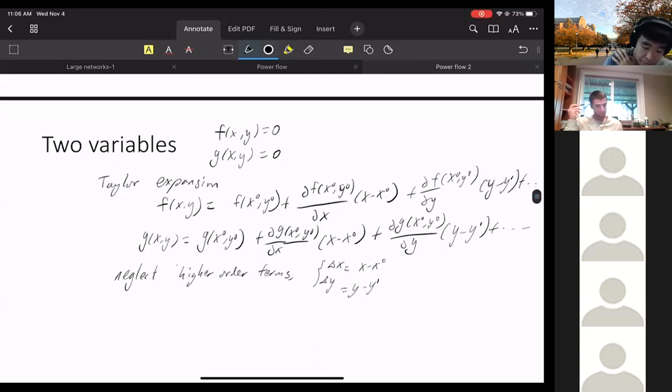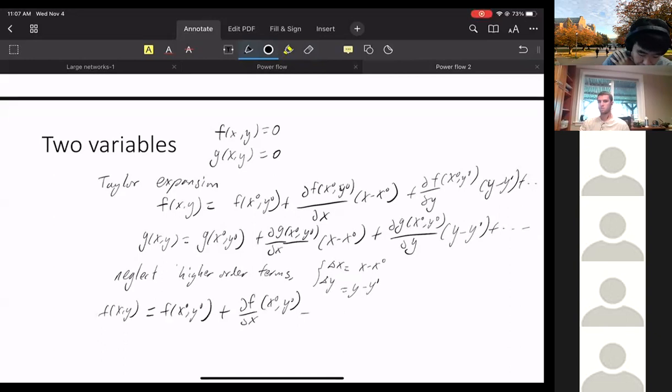Then the equation becomes f of x0, y0, plus the partial of f with respect to x times delta x, plus the partial of f with respect to y times delta y.